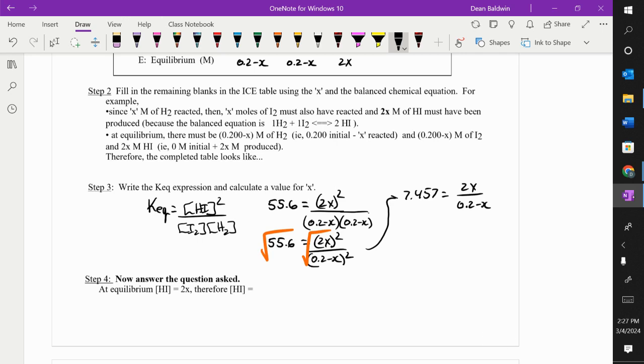So multiply this up. Algebra it. Please make sure you can do that. I'm going to let you do that because I actually want you to do this.